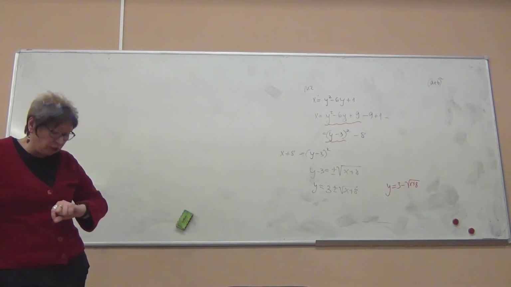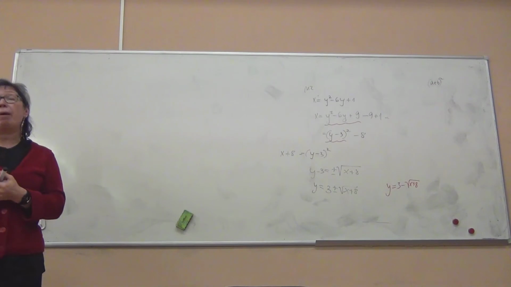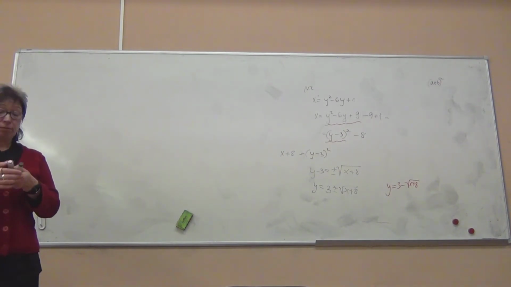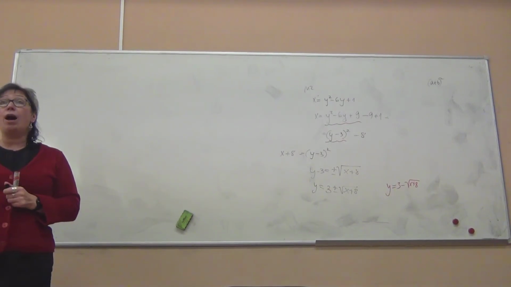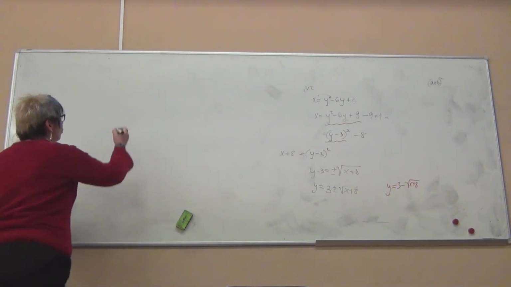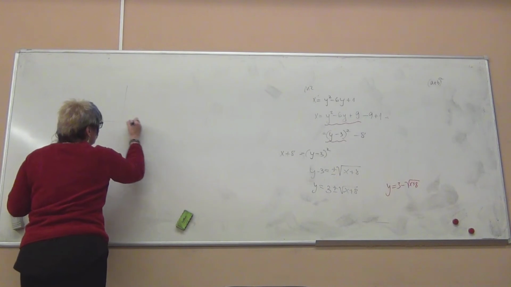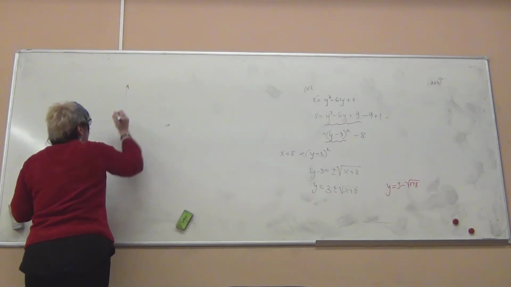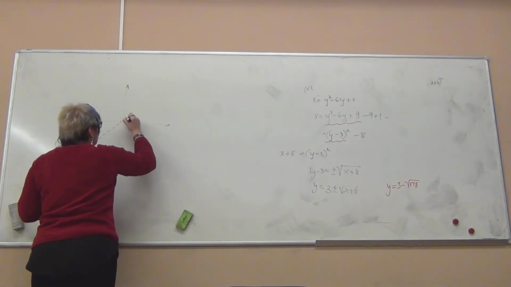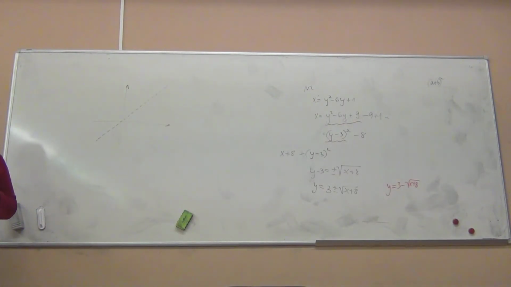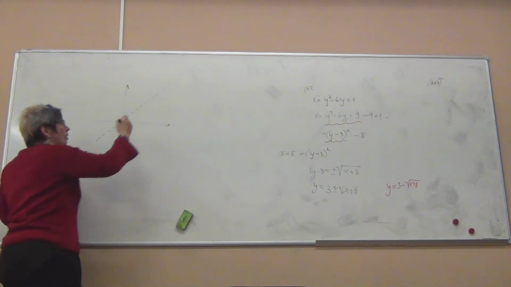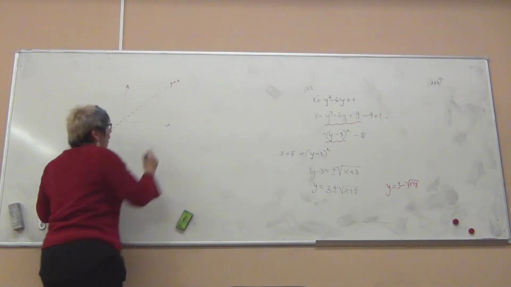What else theoretically you should remember: the graphs of two functions that are inverse are always symmetrical. The two graphs are always symmetrical with respect to the bisector of the first and the third quadrant. With respect to this line.